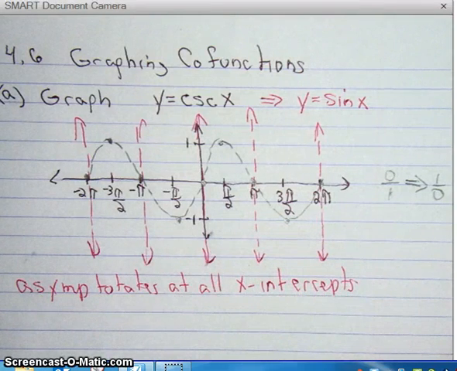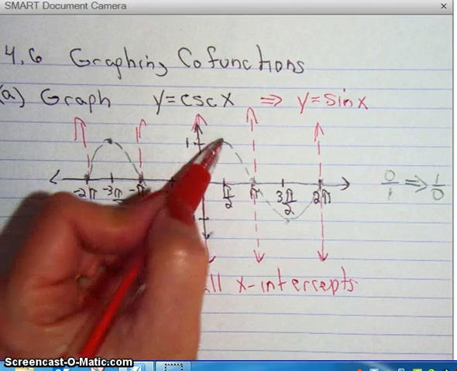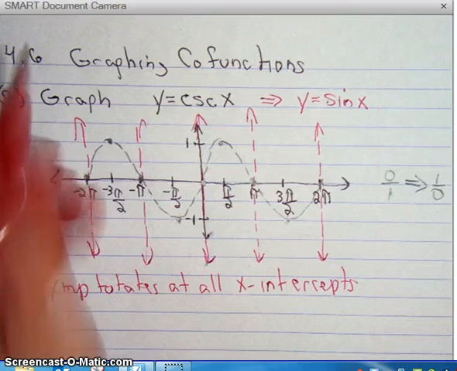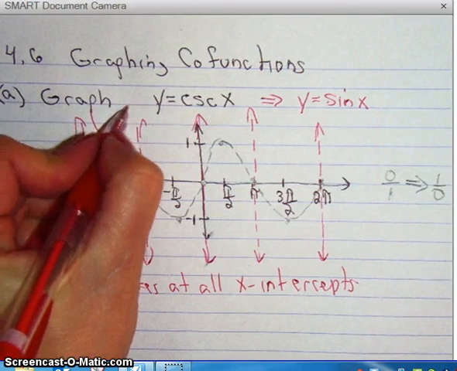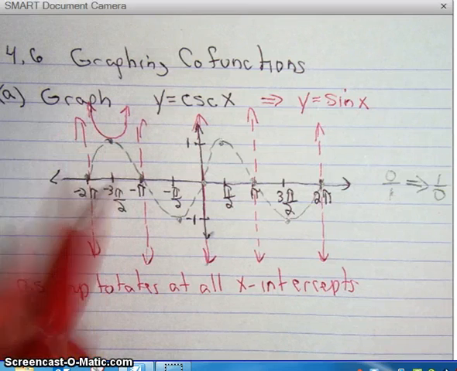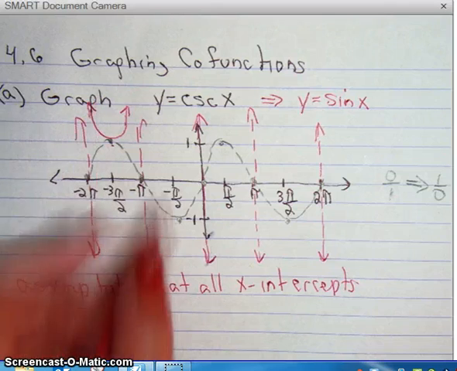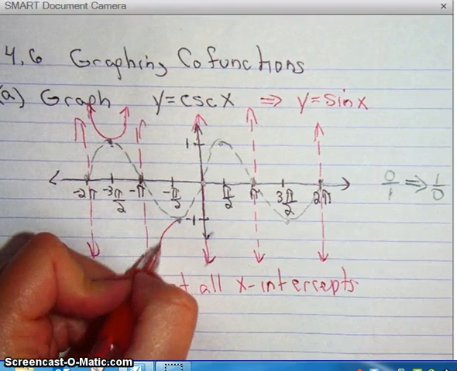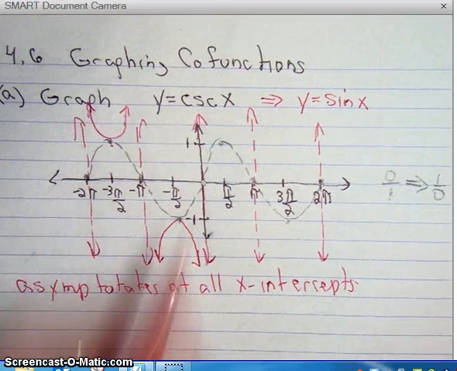So what does the curve actually look like? The curve actually looks like at each of these maximums and minimum points, you have what I refer to as a U. It's a curve. If it's at a max, the U opens up. If it's at the min, the U opens down. It's a curve that can never touch those asymptotes.